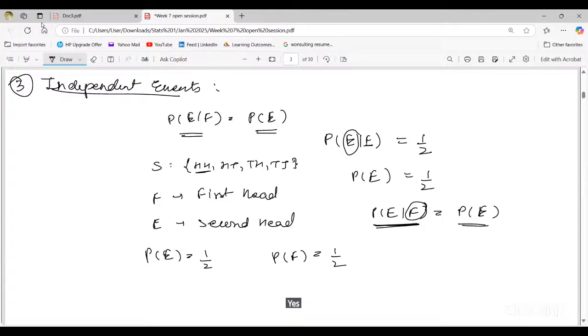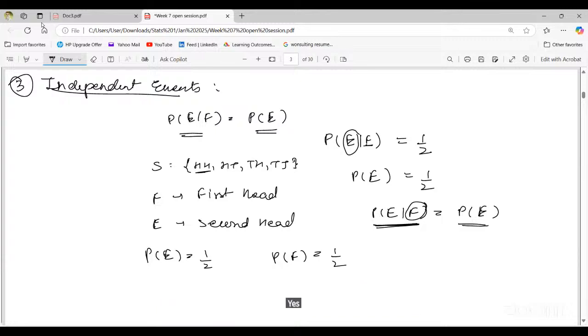Yes, ma'am. Just one question. How is P(E given F) 1/2? It should be 1/4, right? But there are two results with head being first, HH and HT. That's why. But we are also taking into consideration that E intersection F is also there, right?